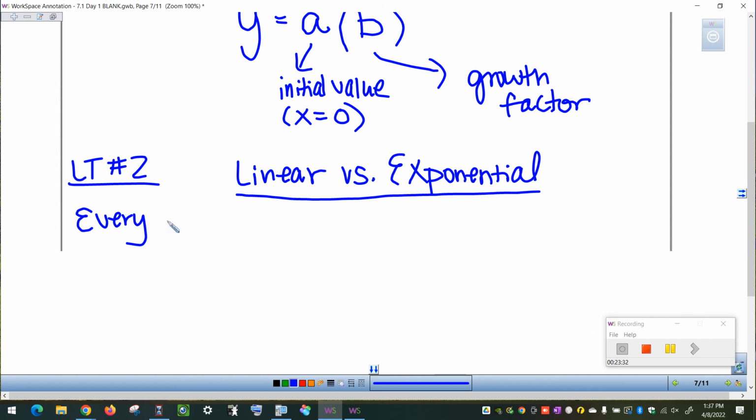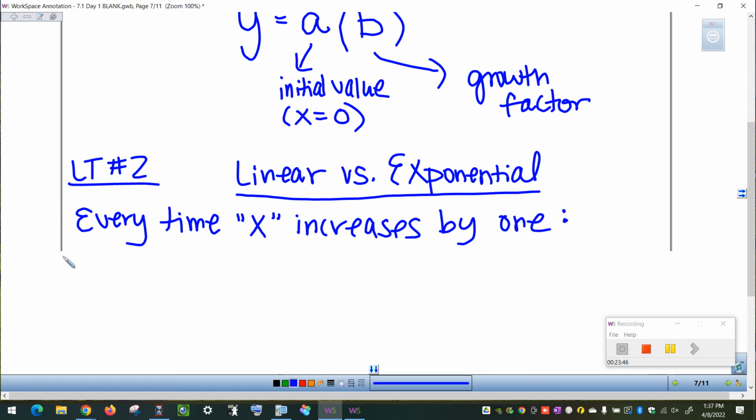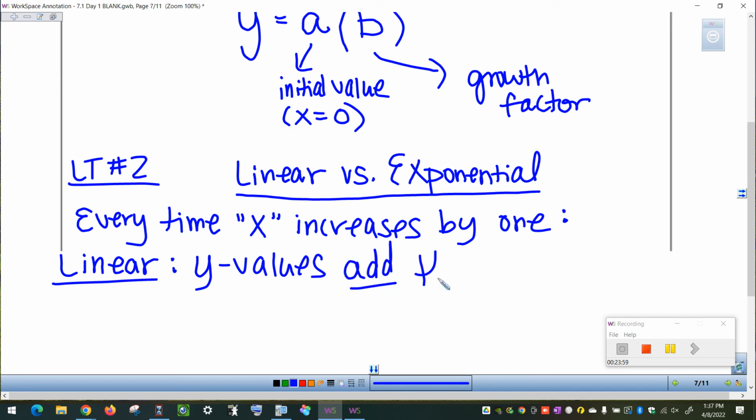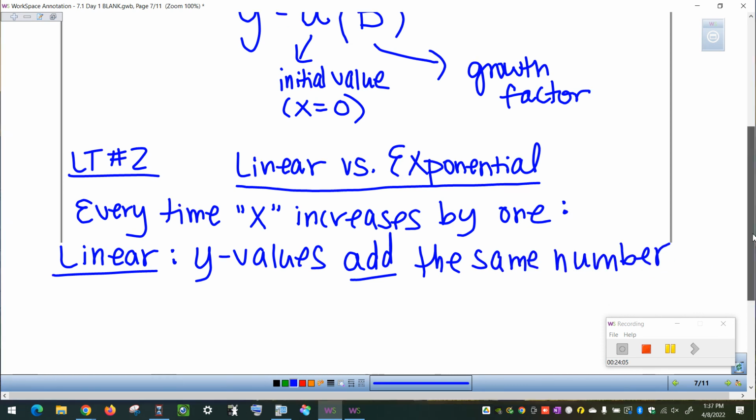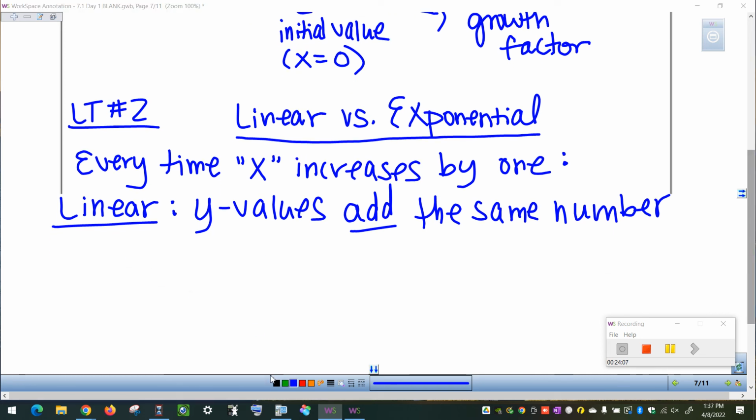All right, so just a general description here is that every time x increases by 1, a linear pattern means we're going to see the y values add the same number. And actually that number that is adding every time, that's the slope of the linear equation.